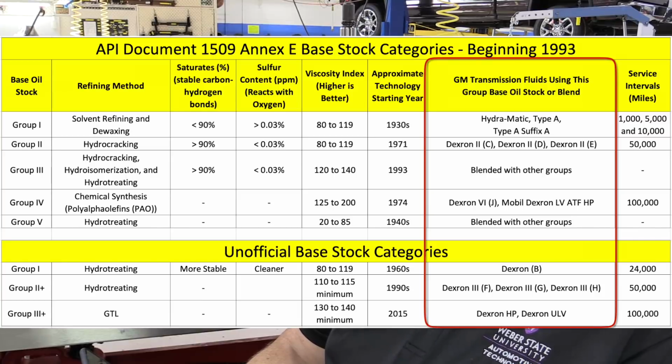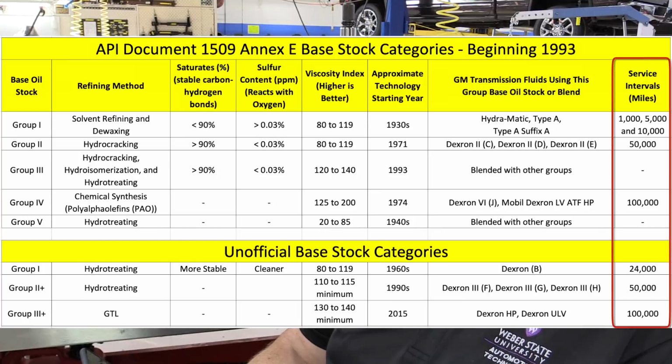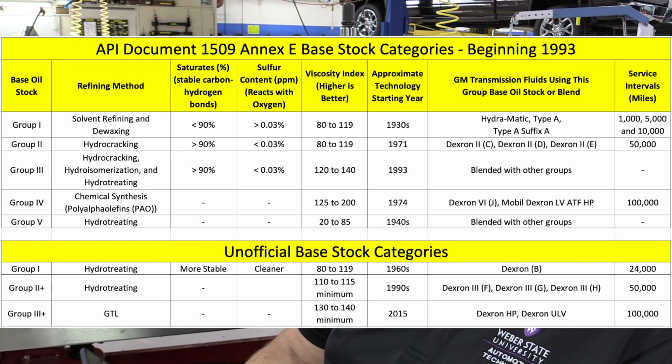To the best of my knowledge, that is accurate, but there certainly could be some mistakes there. Notice also there's service intervals in the far right-hand column, and we will get into more details on that here in a few minutes.